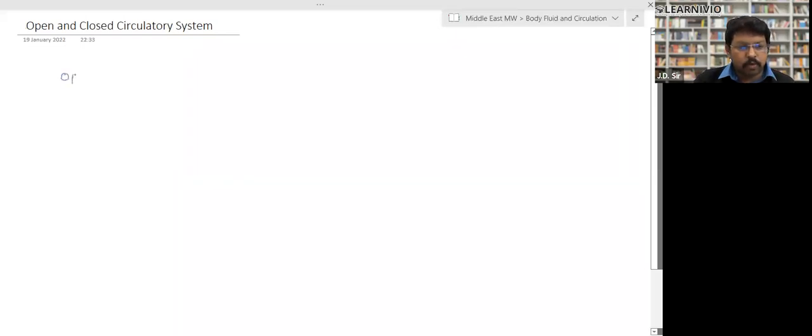So what happens in the open circulatory system? In an open circulatory system, there is no artery or vein. Blood remains filled in spaces called lacuna, right?